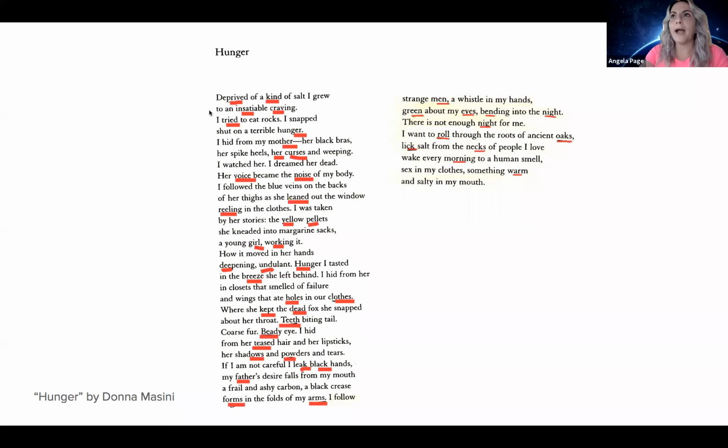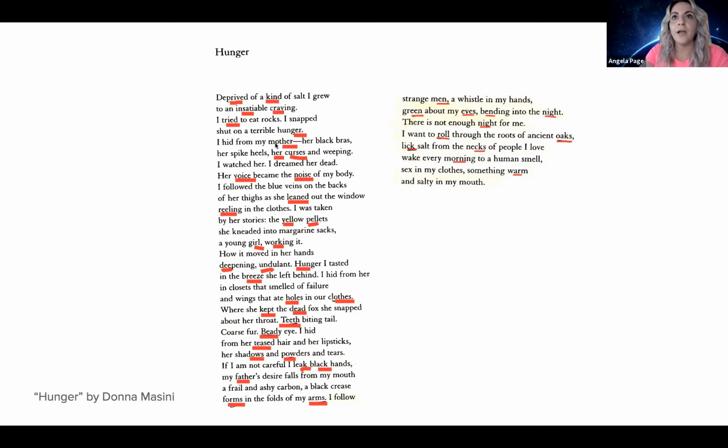I am more partial to the vowel sounds, and therefore they're easier for me to pick out. Actually, when I was doing this class with the students who were in the Zoom class last week, they picked out some that I hadn't noticed, and a lot of them were the ones that were based on consonants, because that is just something that eludes my ears a little more than assonance. So you will probably pick ones out that I don't have underlined.